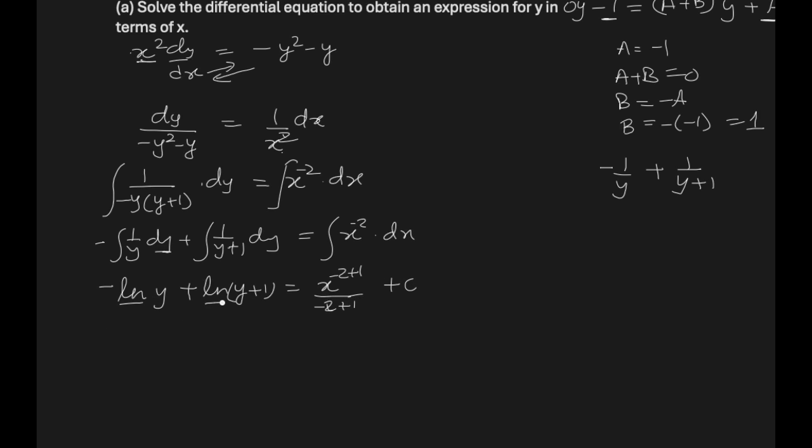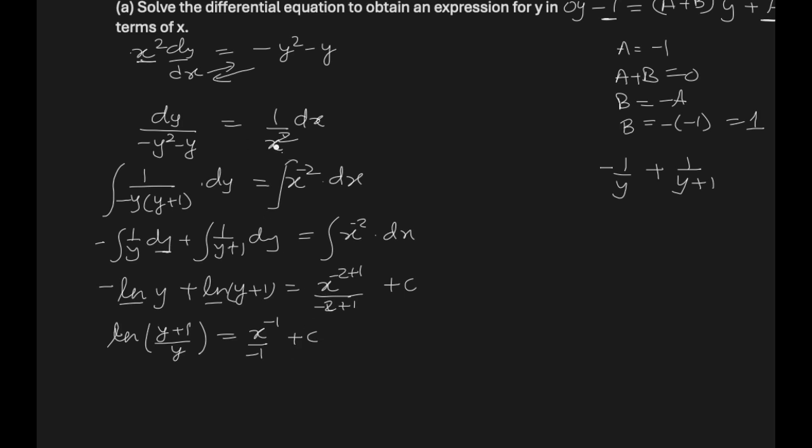Both are natural logs here, so we can combine them. Natural log y plus 1 is positive and this is negative, so it divides. Equal to x to the power minus 3 over minus 1 plus c.